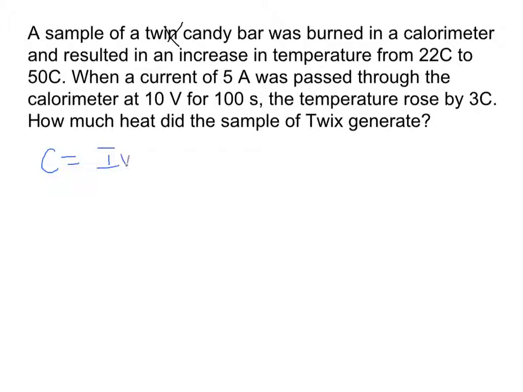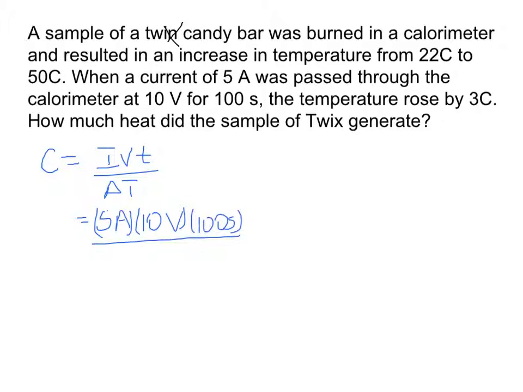I'm just going to skip to this part since we already showed the justification for this in the previous slide. The current is 5 amps. The voltage is 10 volts. The time is 100 seconds. And the change in temperature is 3 degrees Celsius.